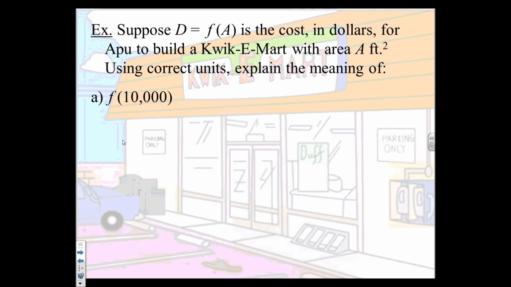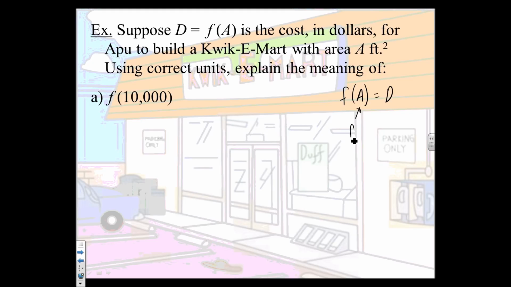Let's try this one. Suppose that D equals F of A is the cost in dollars for Apu to build a Kwik-E-Mart with area A square feet. Using correct units, explain the meaning of F of 10,000. So again, we have here that F of A is equal to D, and let's remember what these represent.